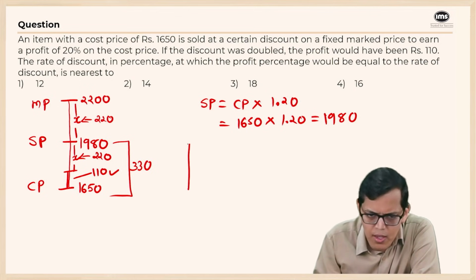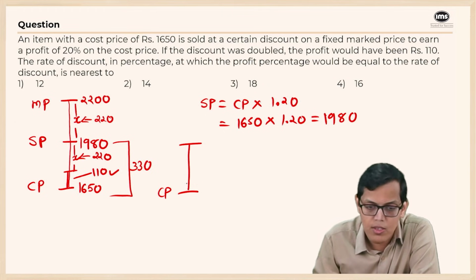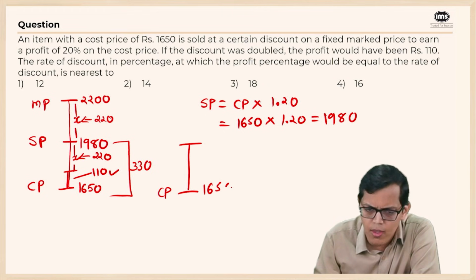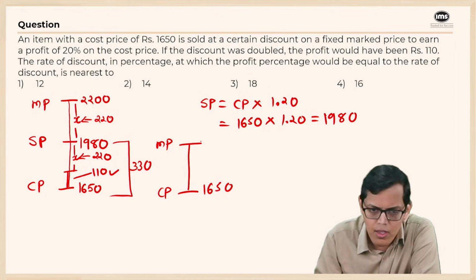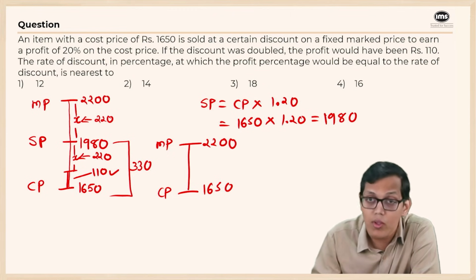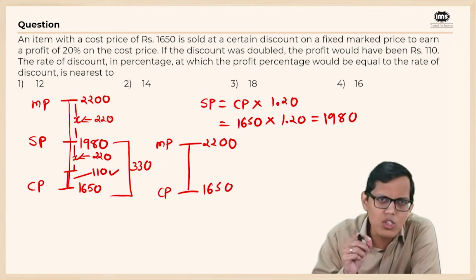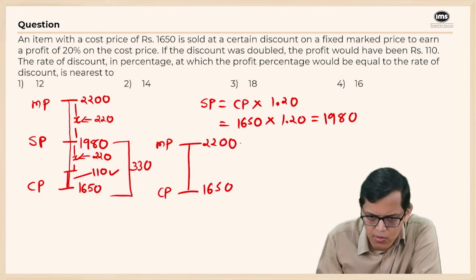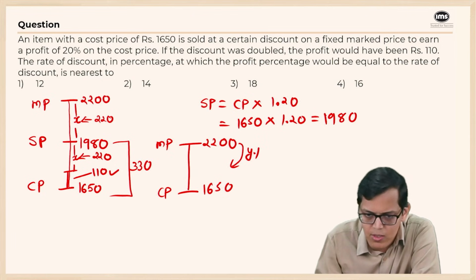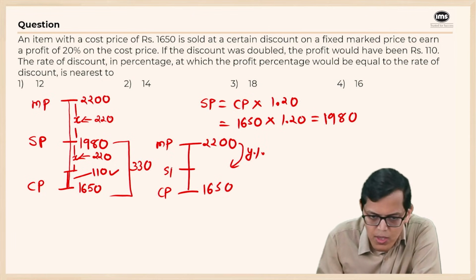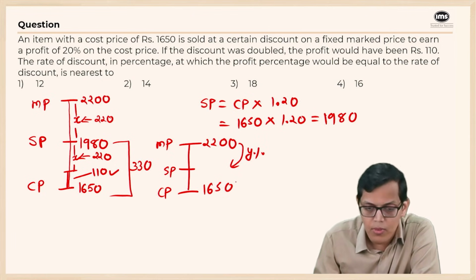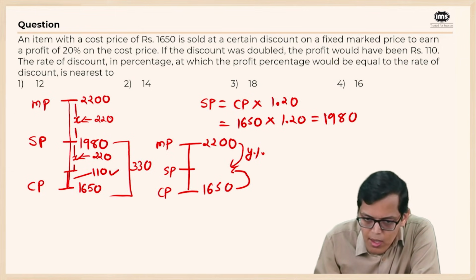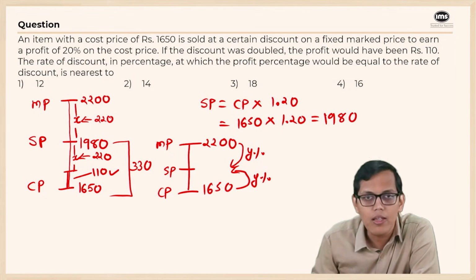Let me put MP and CP separately here just to show the requirement of the final question. CP was 1650 and MP is now available as 2200. The question wants us to find that percentage which, when used as a discount percentage, let's say Y percentage, produces an SP which can be found by adding the same Y percentage in the CP.